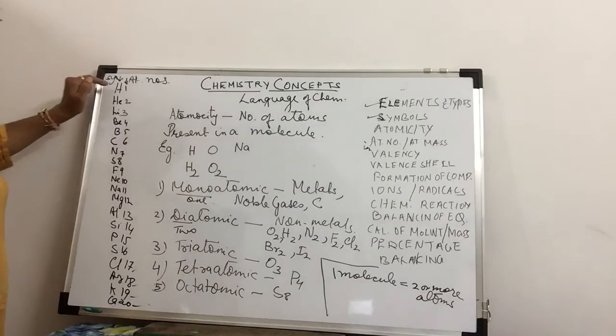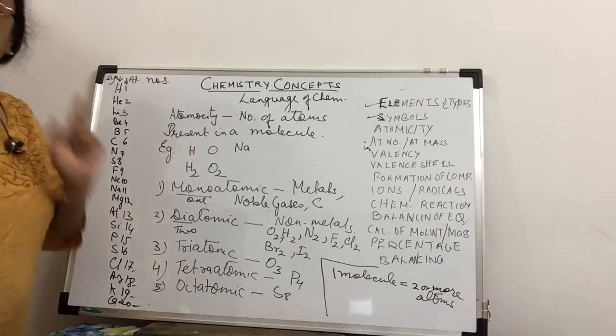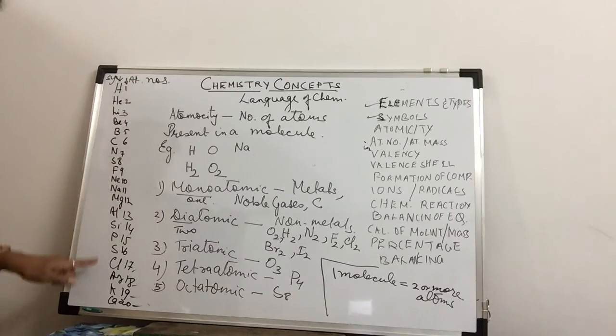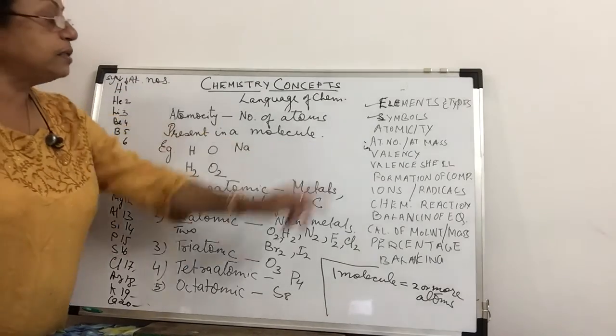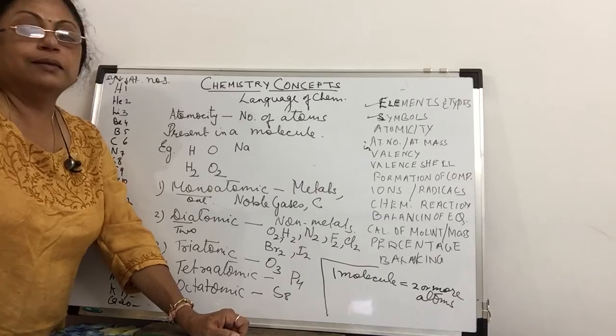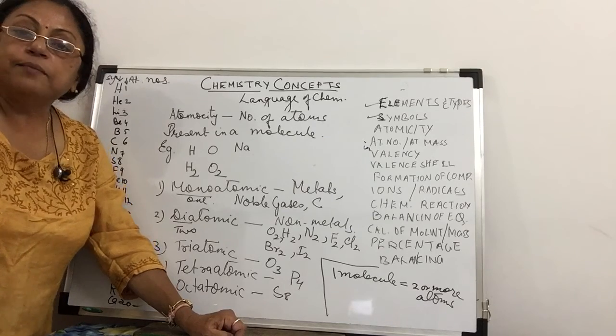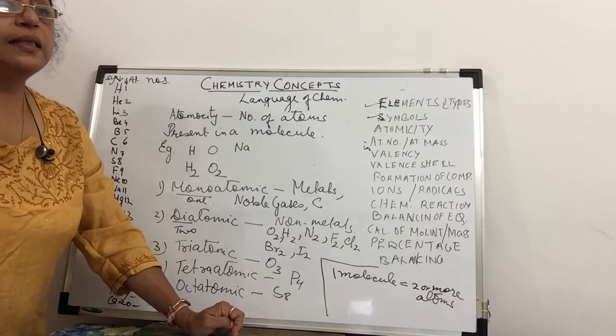Here, hydrogen has atomic number 1. I have given you the atomic numbers because we are going to study valency, and atomic numbers are very important before we study valency.